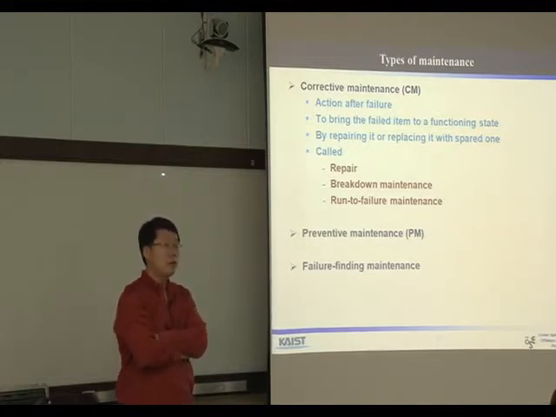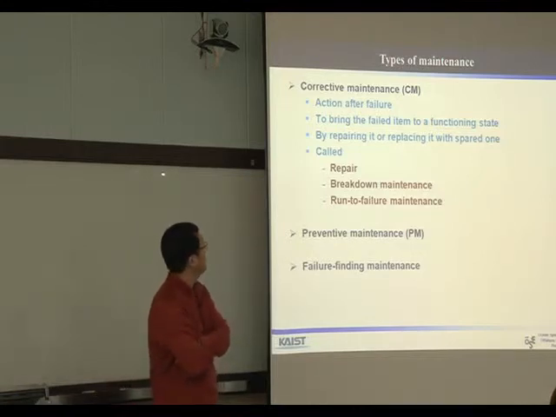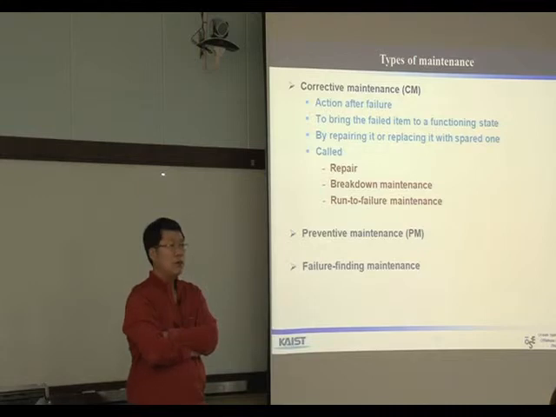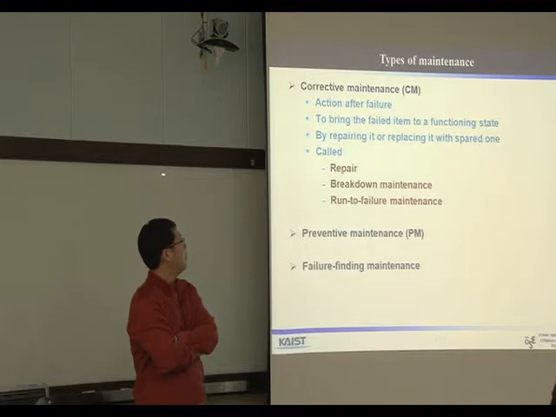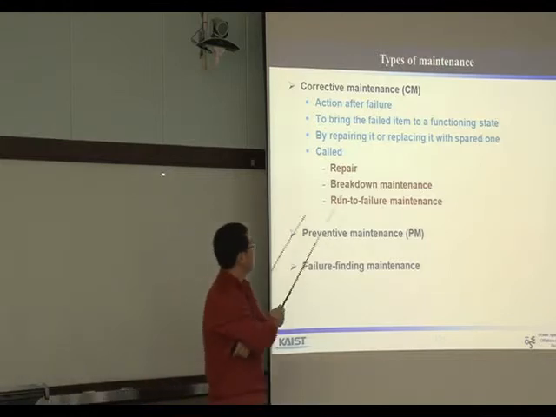There are two kinds of approach: to fix the item or to replace the item itself. So this activity is called repair. Corrective maintenance is called repair, or breakdown maintenance, or run to failure maintenance. Can you understand this term?